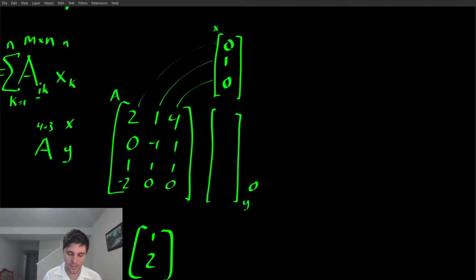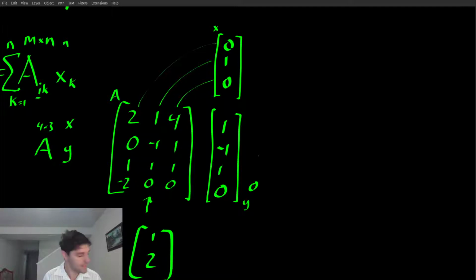Have a unit vector. Well, I'm going to get, in the first spot, 0 plus 1 plus 0. In the second spot, 0 plus -1 plus 0. In the third spot, 0 plus 1 plus 0. In the fourth spot, 0. So you can see I got the exact second column there, right?